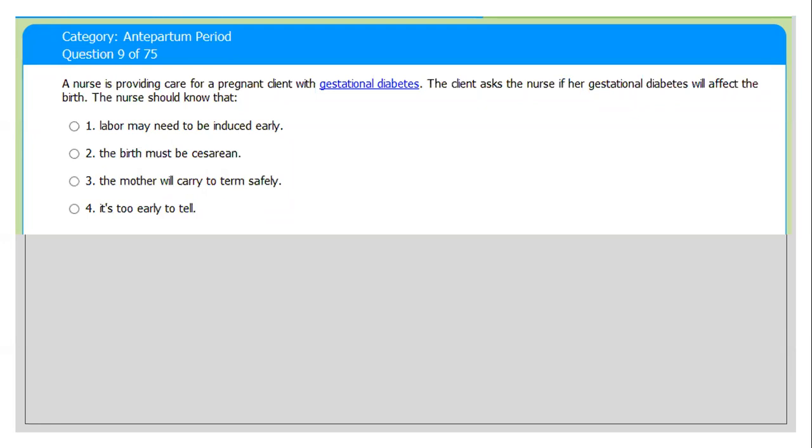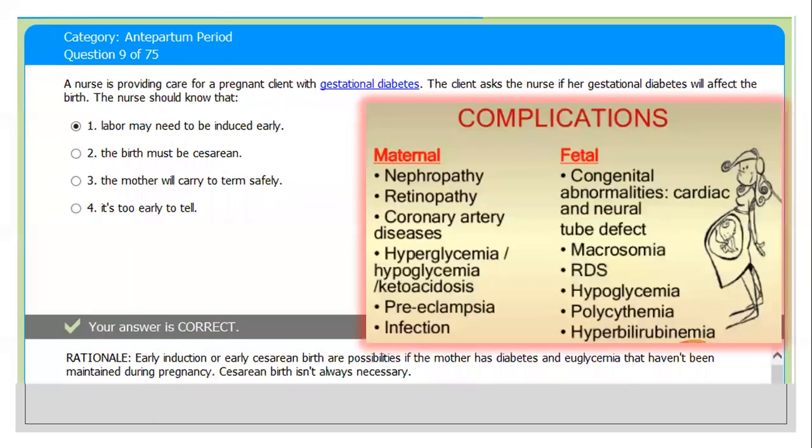So number one is the correct answer, labor may need to be induced early, right? So rationale said early induction or early C-section or cesarean birth are possibilities if the mother has diabetes, also euglycemia that has not been maintained during pregnancy.